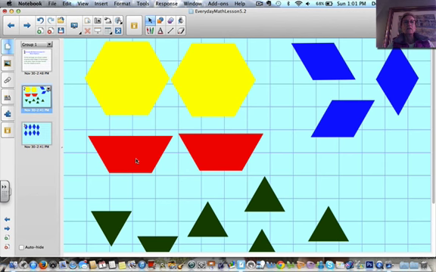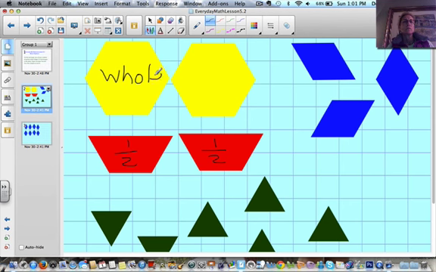Let me just write that on there, because we're remembering that this is going to be the whole. Or if we refer to 1, then the 1 is the hexagon, and the 1/2 is the trapezoid.